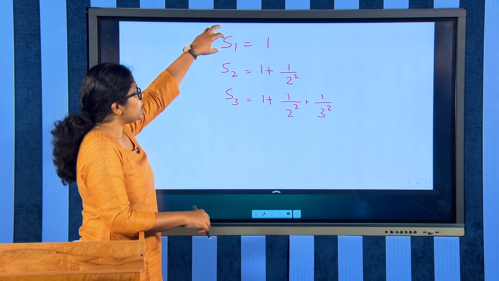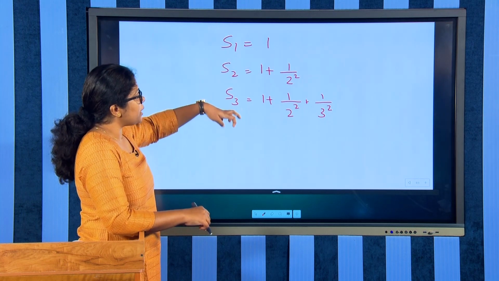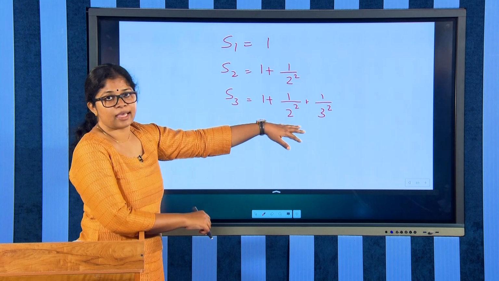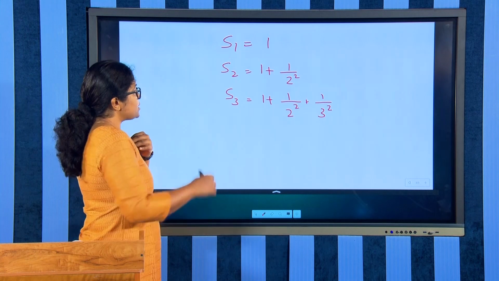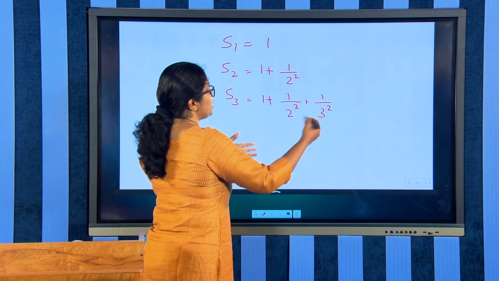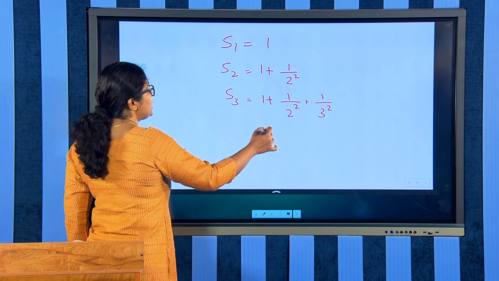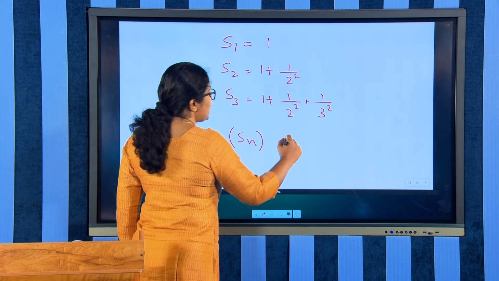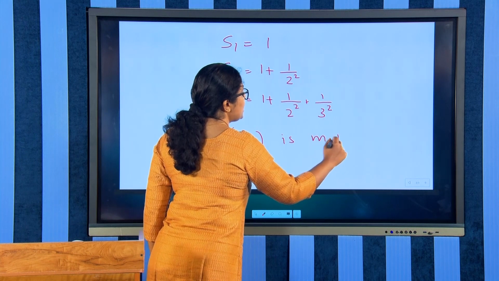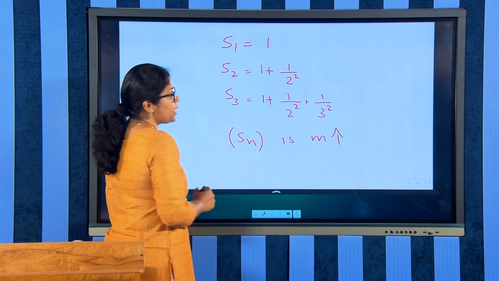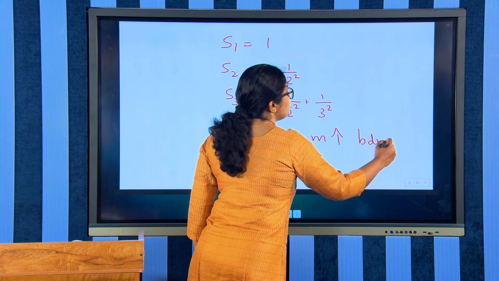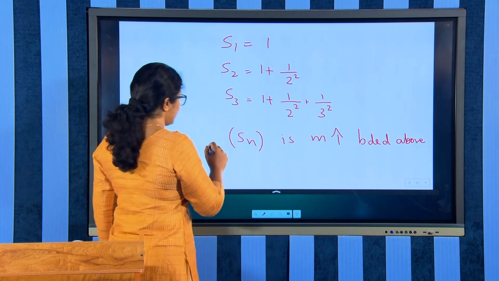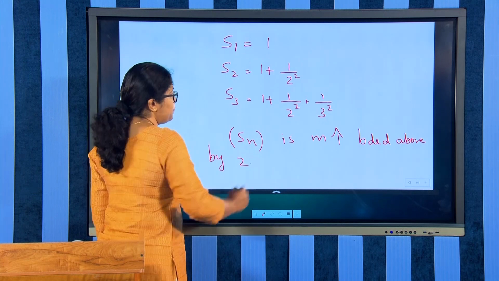We can see that each S(n minus 1) is added with a positive quantity to get the next Sn. So, S(n minus 1) plus 1 by n square gives you Sn, and so it is getting increased. So, the sequence Sn, if you closely examine, is a monotonically increasing sequence bounded above by the number 2.